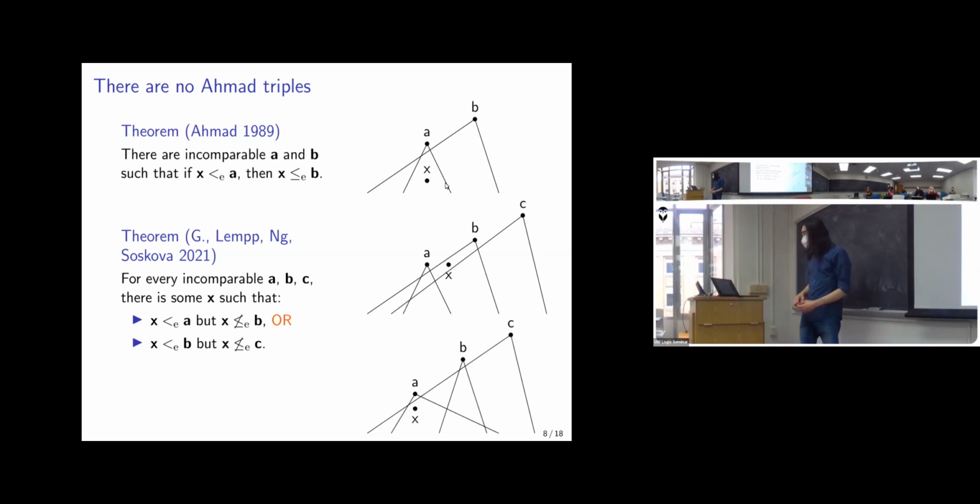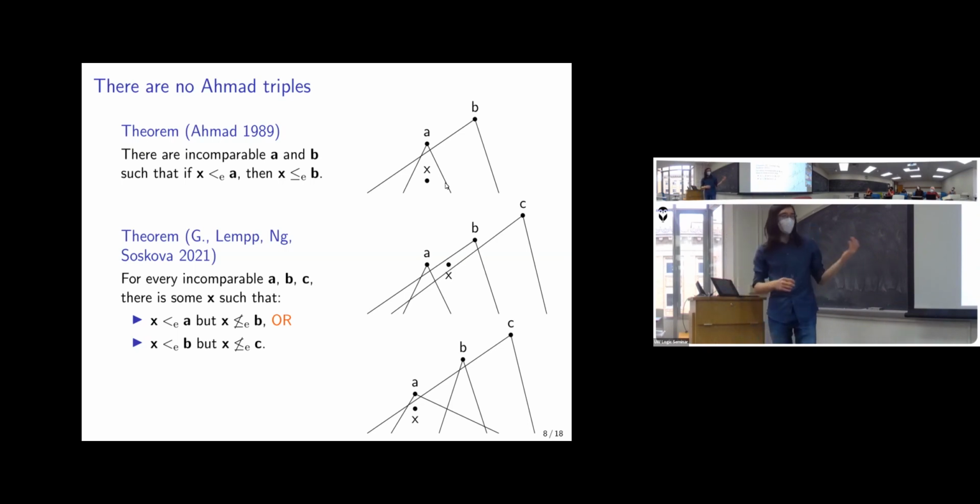Another scenario is maybe you have A, B, and C, and A and C form an Ahmad pair, and B and C also form an Ahmad pair. That's what is drawn in the picture. As long as you drop below A, you must be below C. As long as you drop below B, you also must be below C. Again, that is something that can happen.